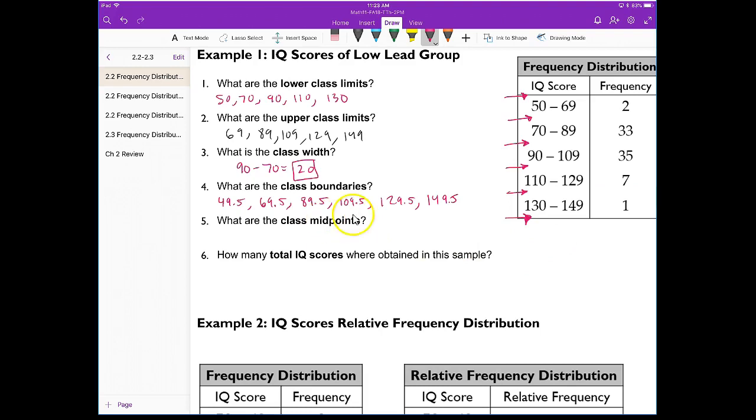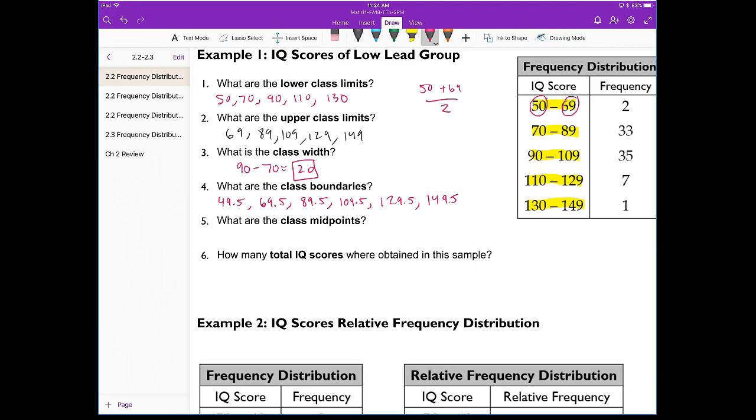All right, and then the class midpoints. Class midpoints are the midpoint of each of the classes, and that can be found by taking the average, or the mean, of the lower and upper class limits. So for the first one, it's going to be 50 plus 69 divided by 2.